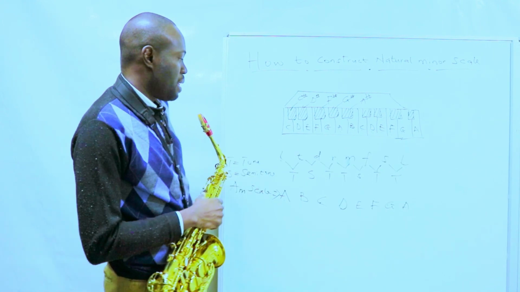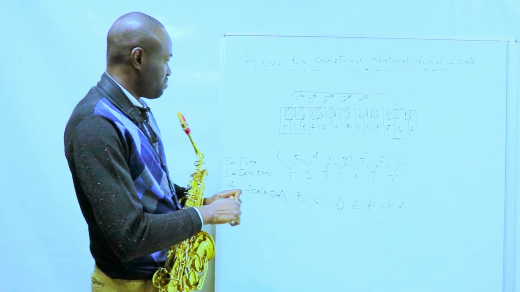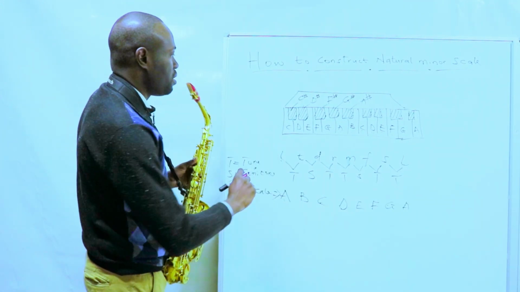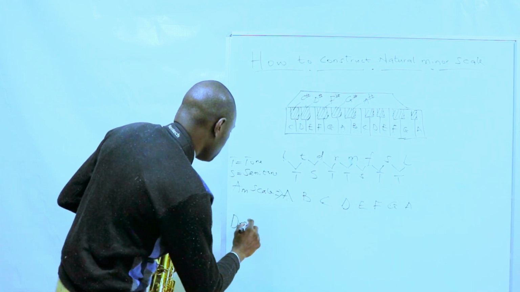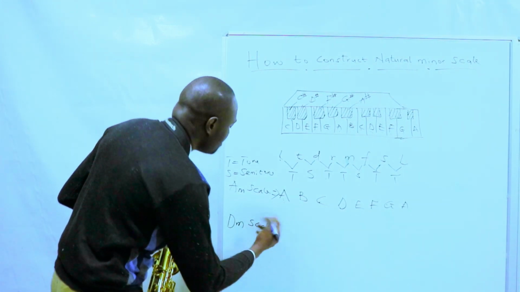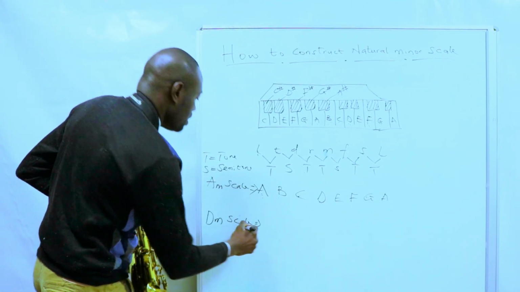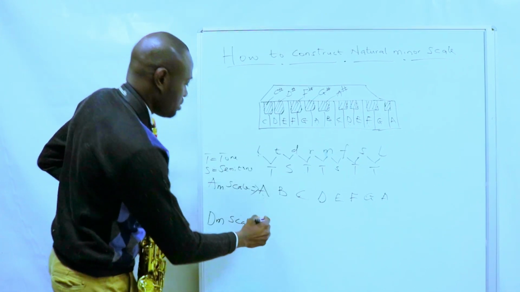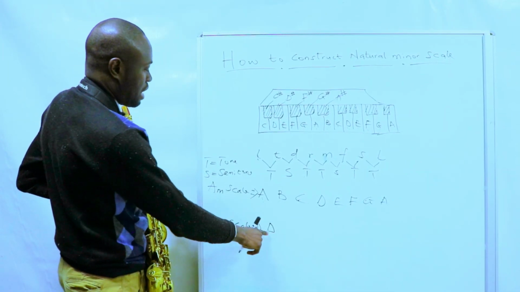Good. Let's take one more example. Let's do the D minor. D natural minor scale. Again, our first note is the D. That's our La.